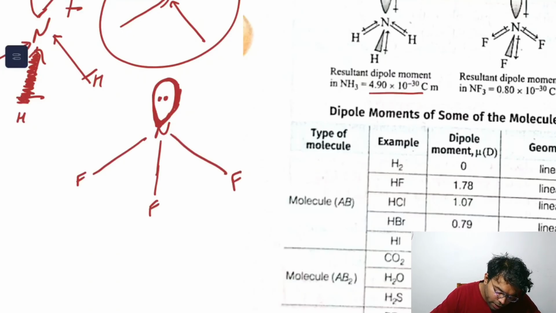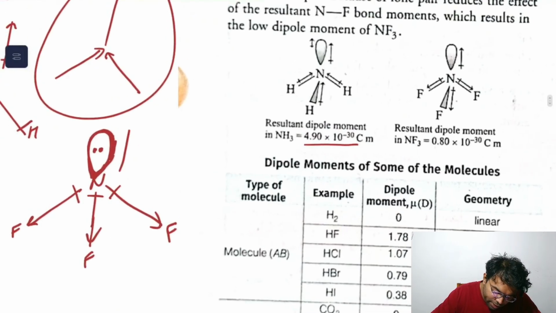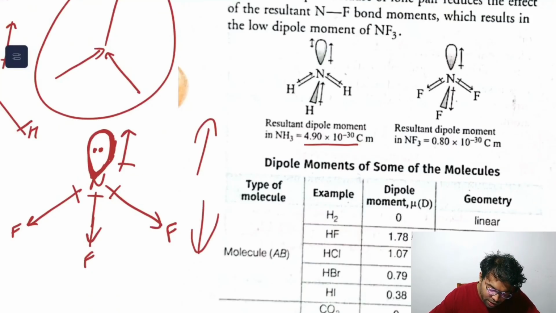Okay, so here look at this. There is a dipole here, there is a dipole here, there is a dipole here, and there is a dipole here. So all of them are in different directions. And what is happening even more is that there is a downward direction here and an upward direction here. So this is the reason why they are canceling each other out.